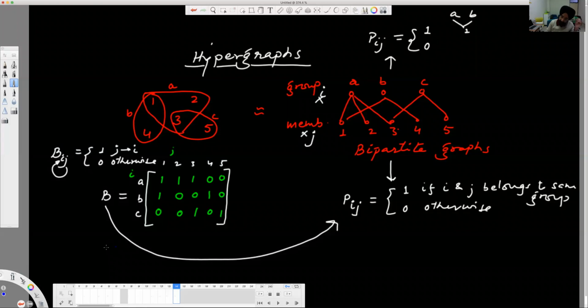So what do you think, if I want to find out whether 1 and 2 belong to the same group, what values will I look at here? Let's say 1 and 2 belong to the same group, A in this case.